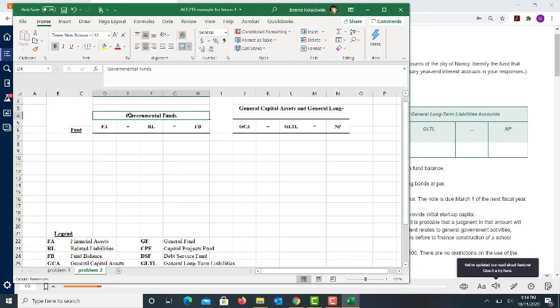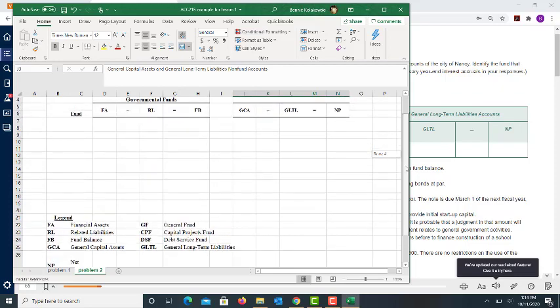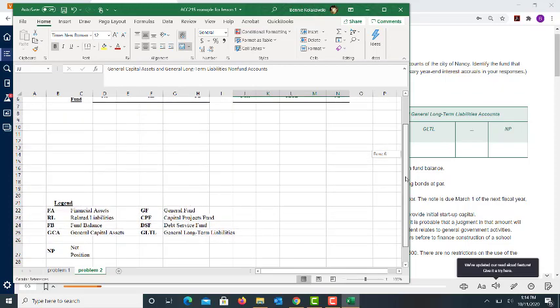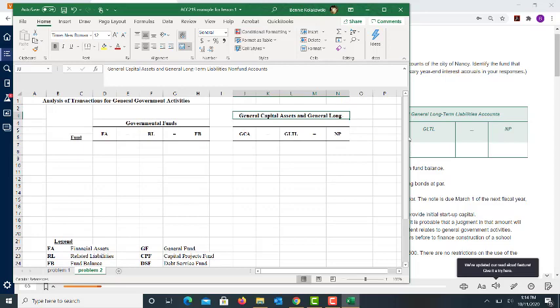So you could see that we have on one side our governmental funds, on the other side we have our general capital assets and general long-term liability accounts. And if you can see the legend here, FA is financial assets, RL is related liabilities, FB is fund balance, GCA is general capital assets, GF general fund, and so forth.